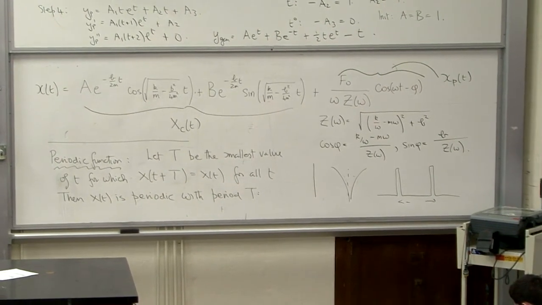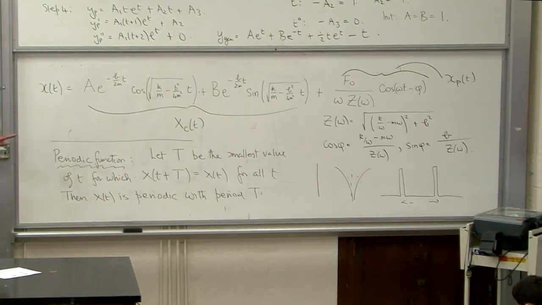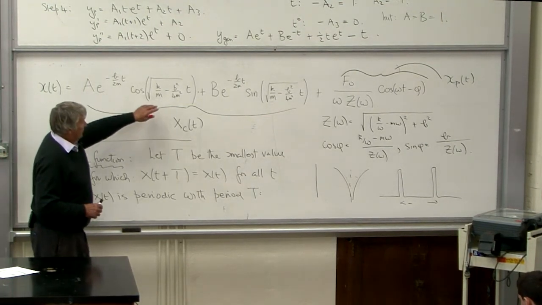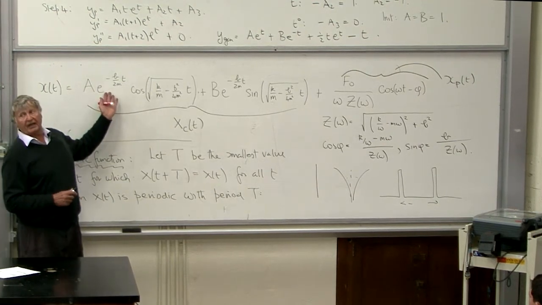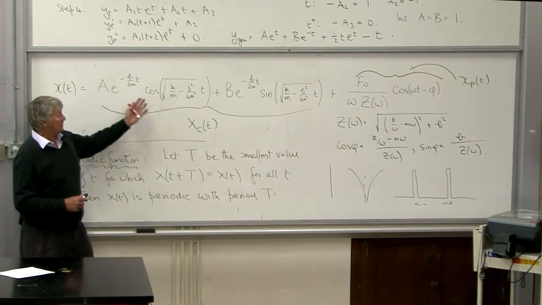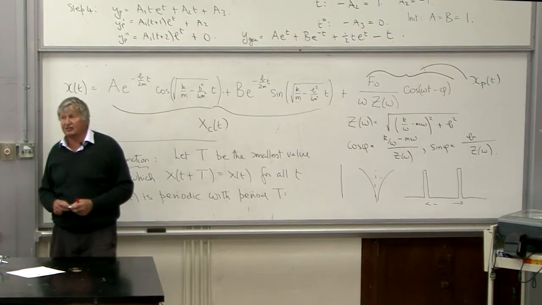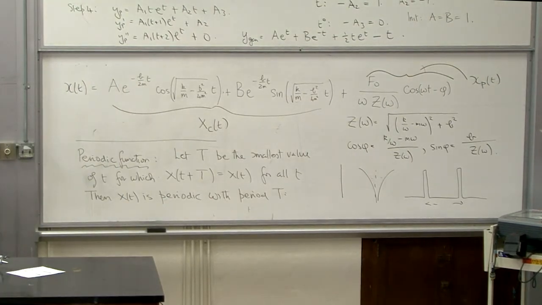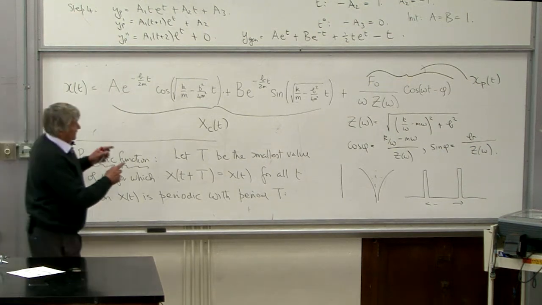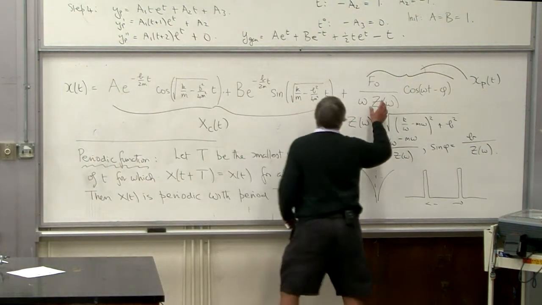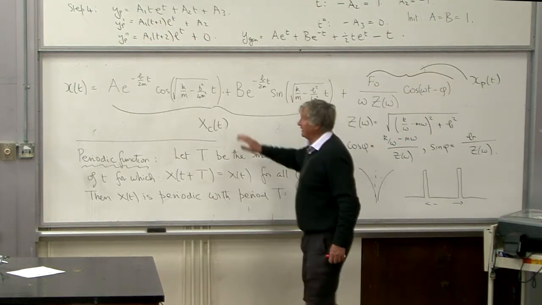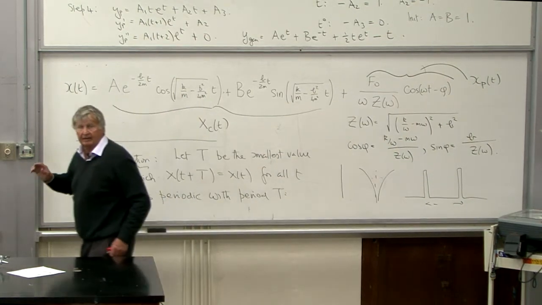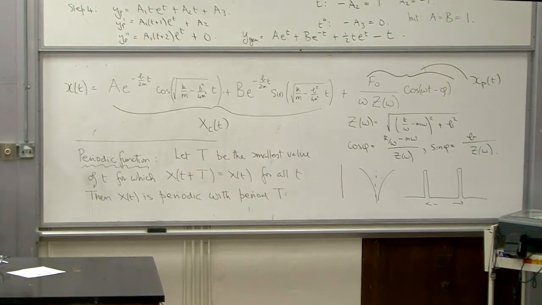This is the part that eventually will damp away, but it's an oscillation which decays in magnitude due to the exponential damping term. Now, I would like to write this in the same way as we wrote this as root a squared plus b squared cos(omega t minus phi). I would like to do the same thing here. Okay, and how do we do it?